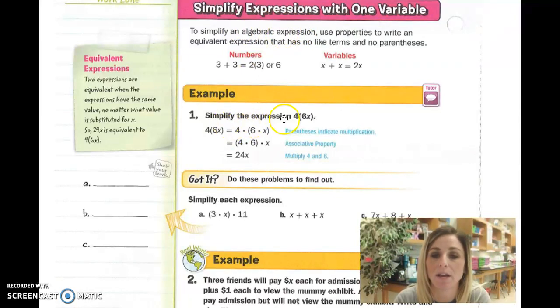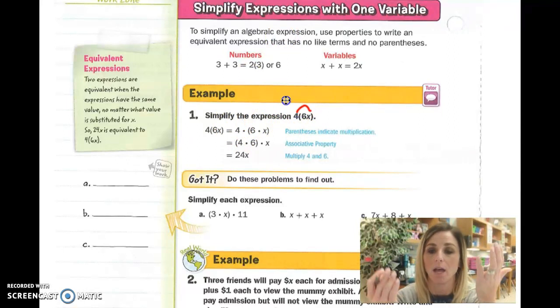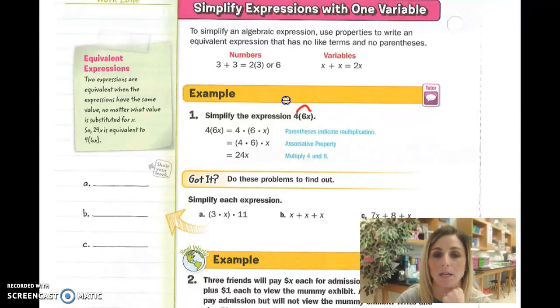So here it says simplify the expression 4(6x). We know that when we have the parentheses and we have a number outside the parentheses, we are going to be multiplying. So when I look at this, what I am really looking at is 4 times 6, because it's the distributive property, and x.